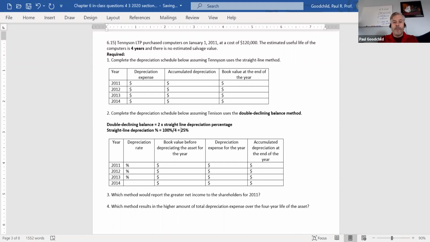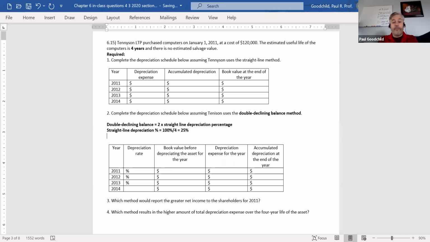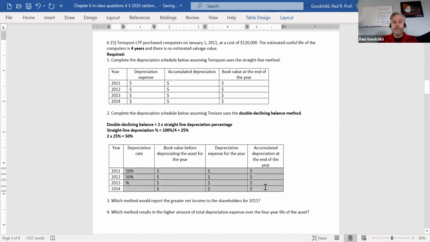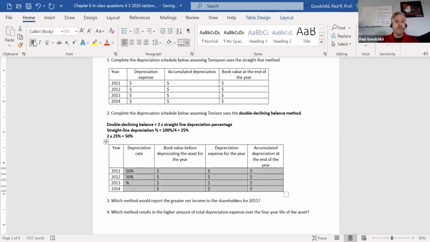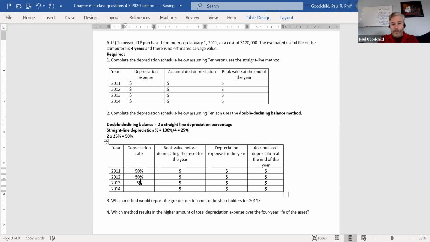Okay, so now we're going to take 2 times 25%, and that's 50%. So for each of those years, 50%, 50%, 50%, and then the remainder.